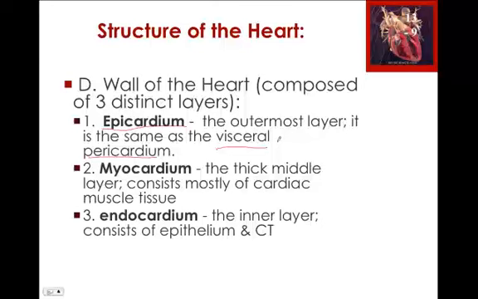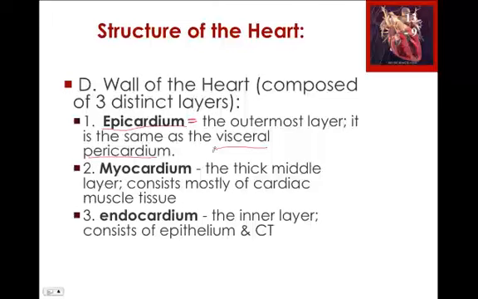I know that ends up being a little confusing, and I don't know why they chose to include the epicardium as part of the wall of the heart. But anyway, it is included. So just so you know, the epicardium is the same thing as the visceral pericardium. Okay, they are one and the same.